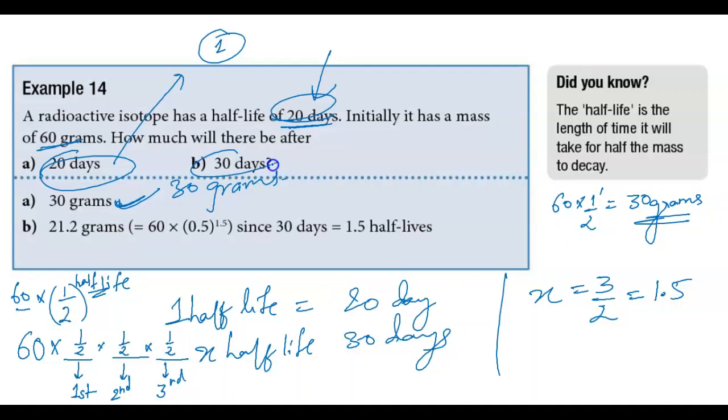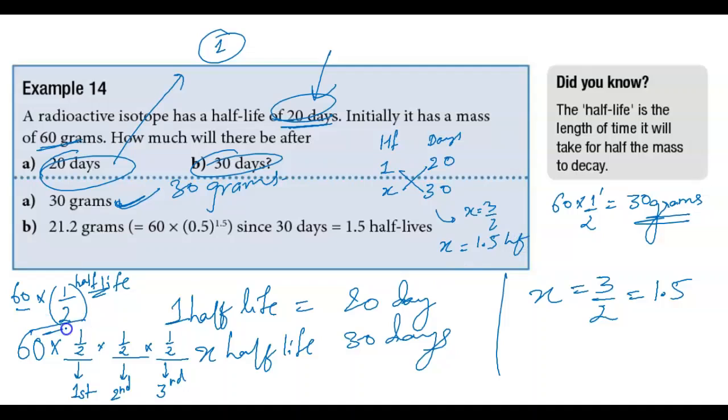And over here we have 30 days. So 30 days means how many half-life periods? One half-life is 20 days. So 30 days would be how many half-lives? You can find it, and that will be 3 by 2, that is 1.5 half-lives.